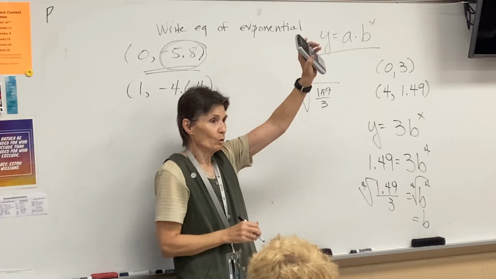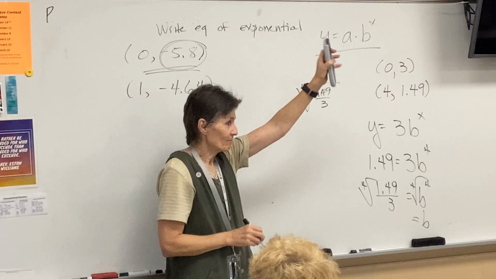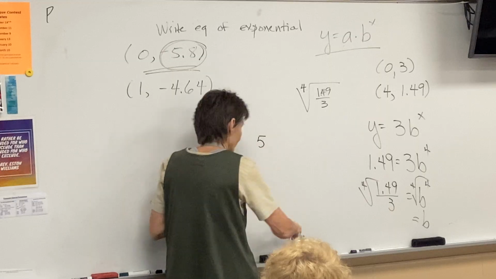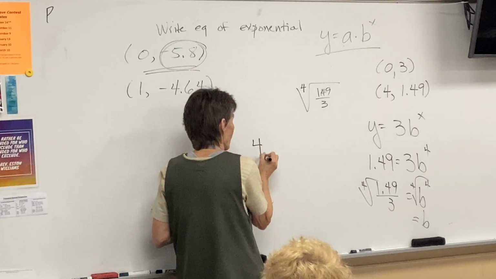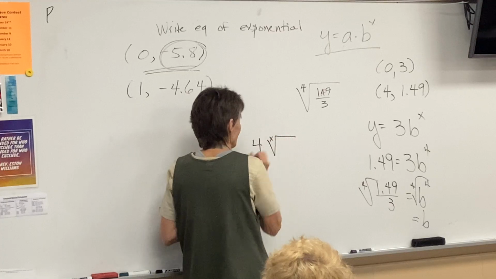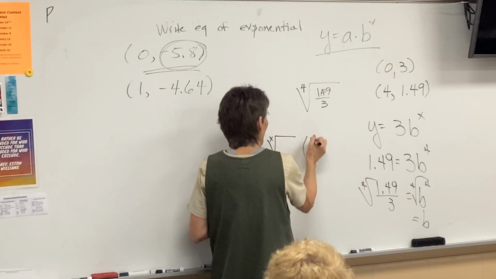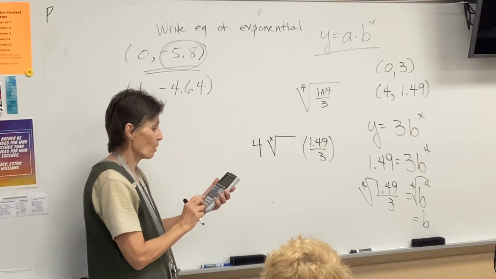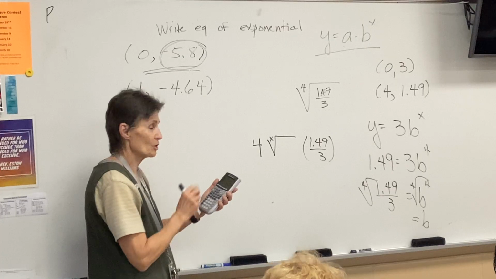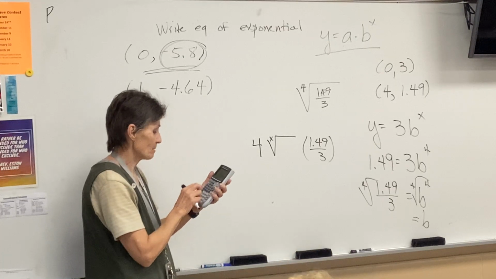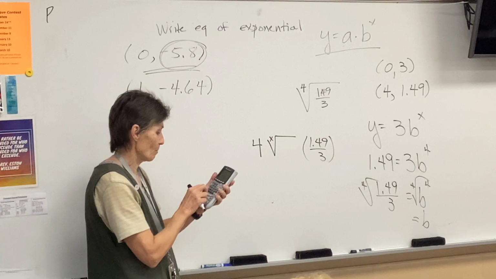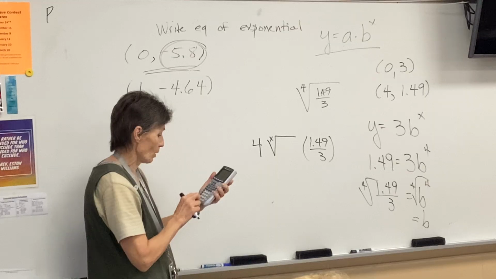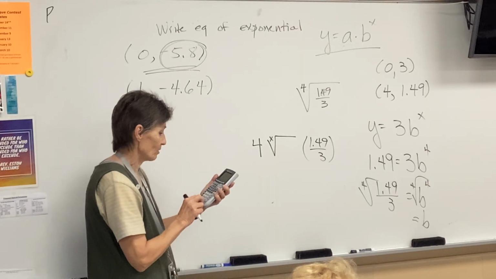Now, if you have an old one like me, does anybody have the big fat old ones? You have to press 4, the 4th root. You have to press 4, then you press that button, then you press 1.49 divided by 3, and it'll work for you. So I'm going to press just the number 4, and I'm going to press my button, so math, option 5, and then in parentheses, 1.49 divided by 3.